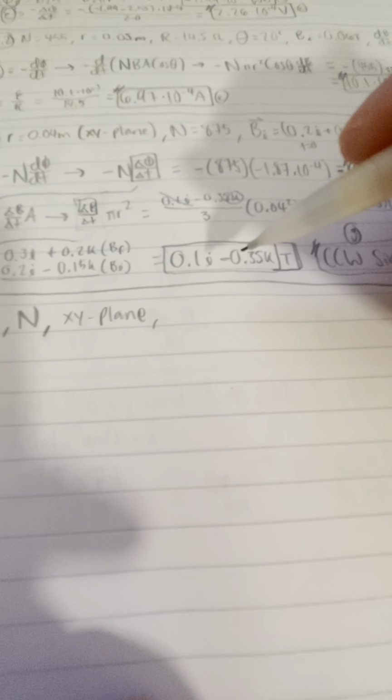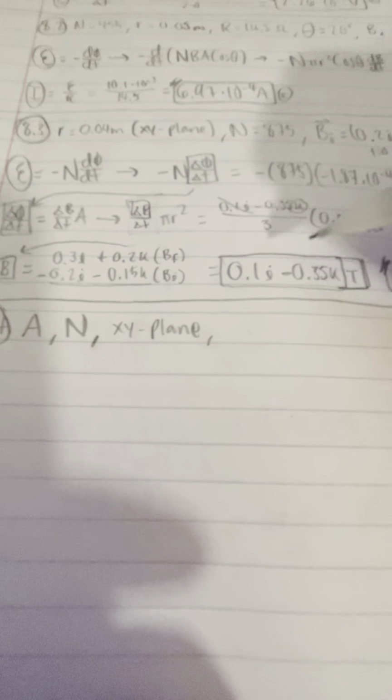And it is exposed to a uniform time-varying magnetic field, which is, again, positive Z, equal to B naught sine of omega times t, in k, where omega is a positive constant.